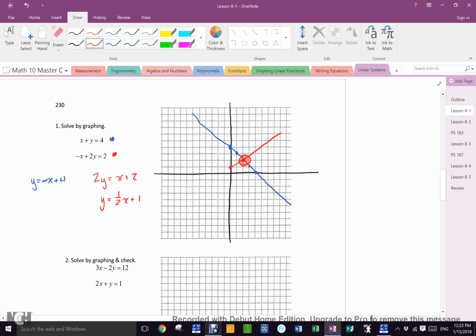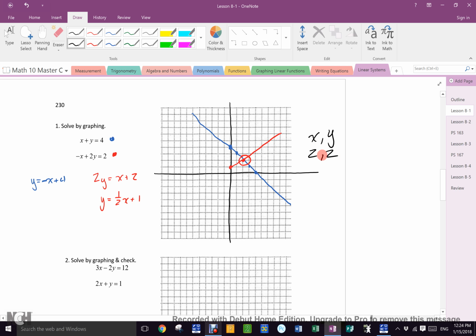What is that point right there? It's an intersection. That intersection has an x and a y, doesn't it? And what are those x's and y's? What is the x and a y of that point? 2, 2. Does everyone agree?